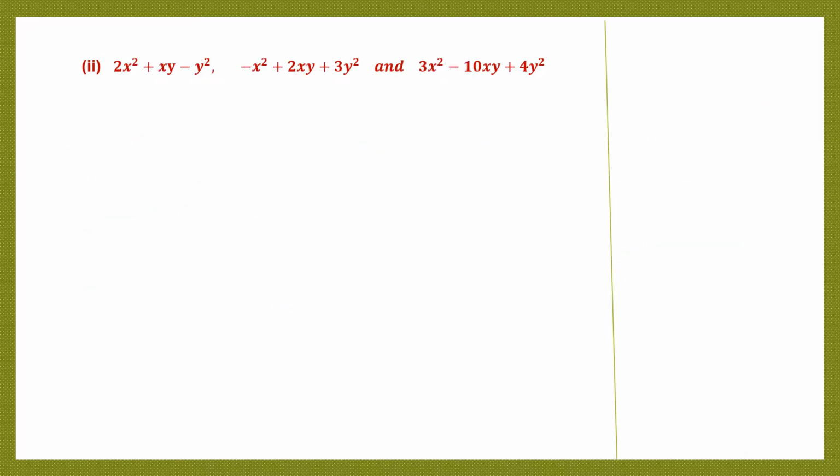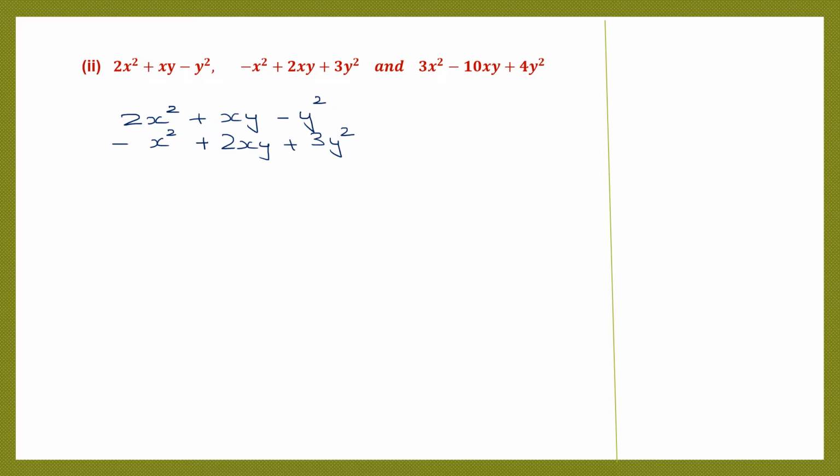Question 2. We'll do the same thing here. Arrange all the like terms together. So we have 2x square plus xy minus y square. And then let's go to the second polynomial, minus x square plus 2xy plus 3y square.